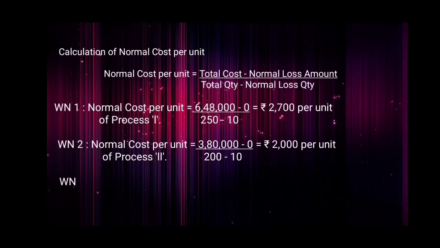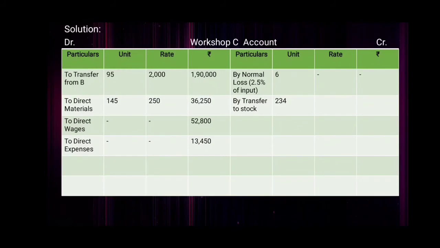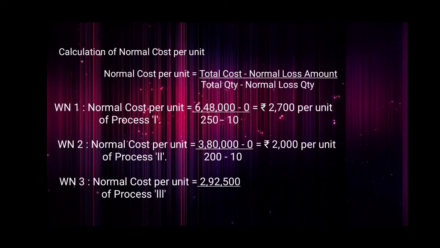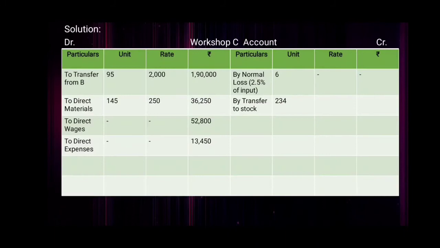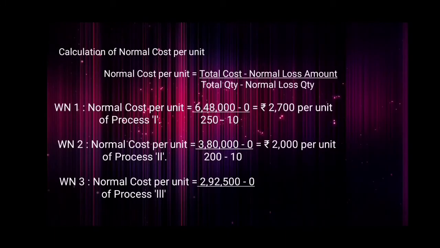So let us prepare working note number 3. Normal cost per unit of process 3 is equal to total cost, that will be 1,90,000 plus 36,250 plus 52,800 plus 13,450, which will be 2,92,500, minus normal loss amount, which is nil, so it will be 0, divided by total quantity.